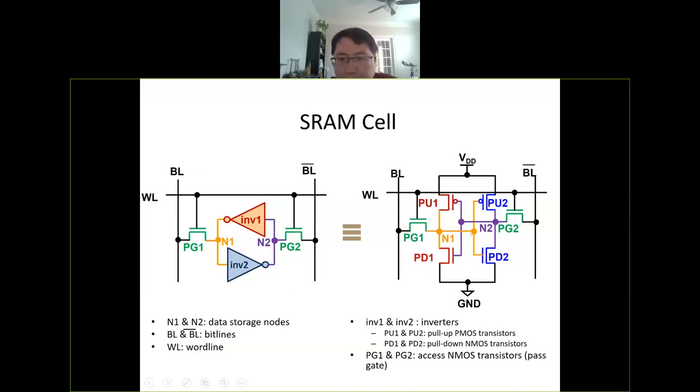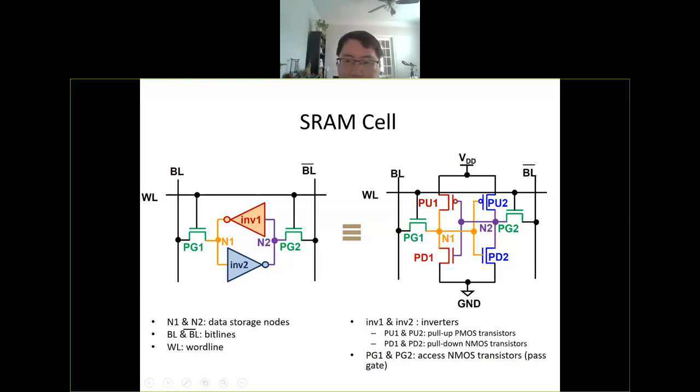Here we're going to give a few names to those transistors. Out of those 6 transistors, 4 are NMOS, and the top 2 are PMOS. Why is that? For example, in inverter 1, those 2 red transistors are an NMOS pull down and a PMOS pull up.